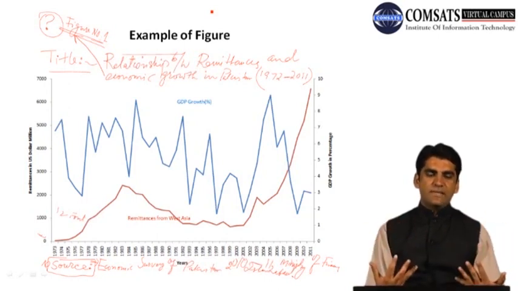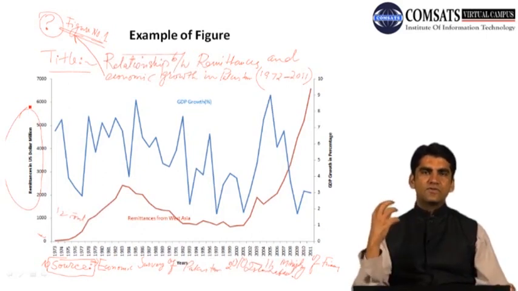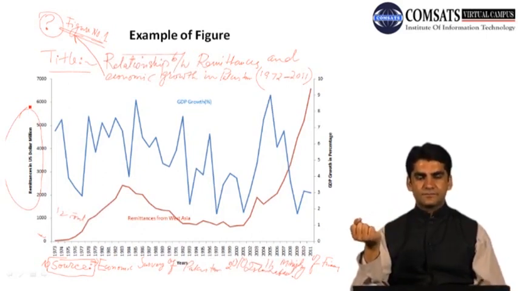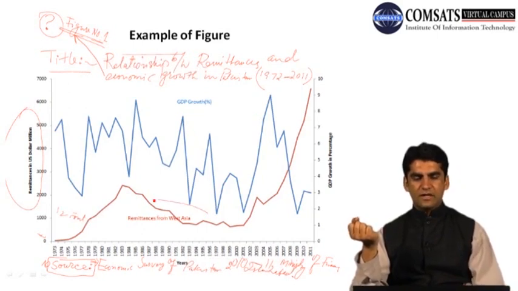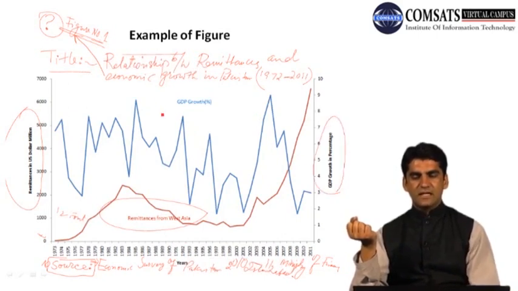So if you see simply on your left, you have a unit of measurement which shows that remittances are in US $1 million. Then you have remittances graph. On your right you have GDP growth in percentage, and then you have GDP graph.